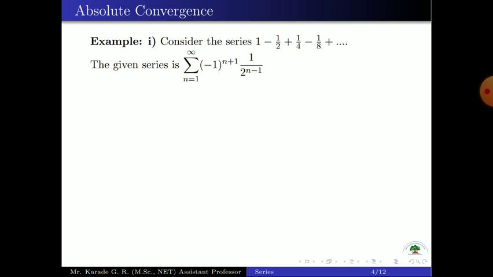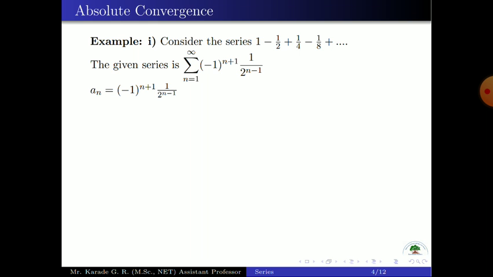This is the compact form of the given series. Now I want to write its absolute series. We just have to remove the negative signs and place positive signs only, and then we will get the absolute series.